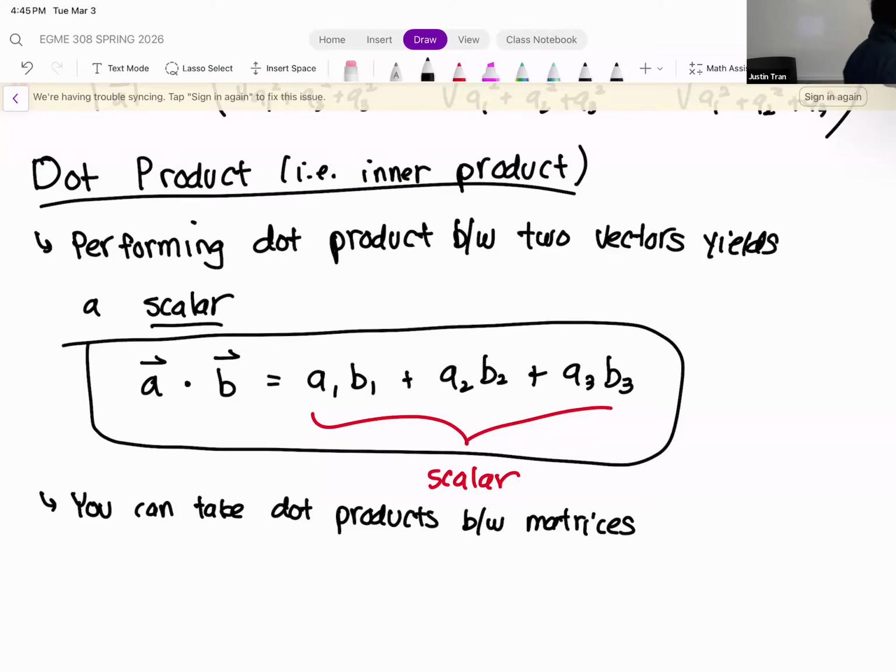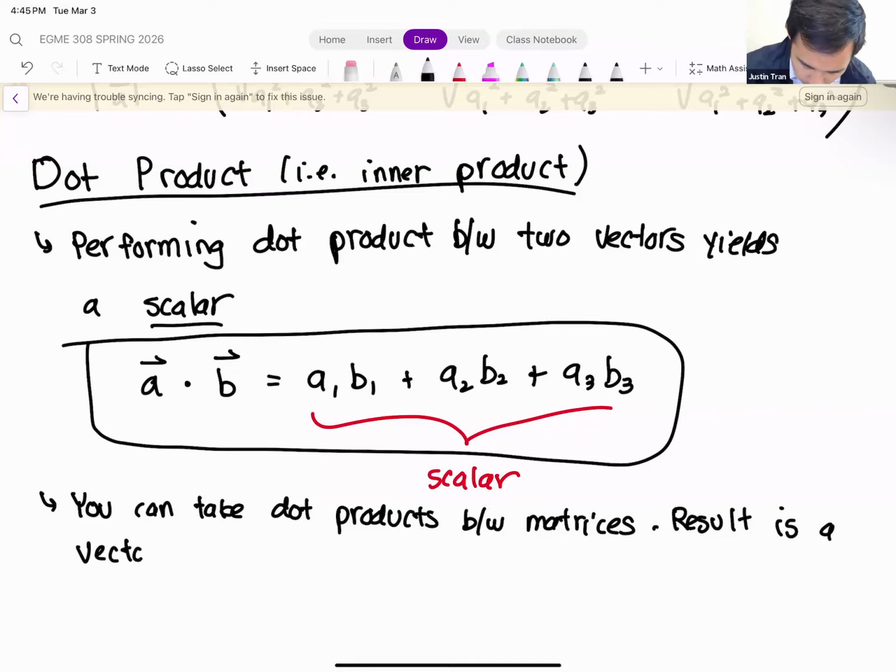You actually go down a dimension. If we think of a matrix as a two-dimensional vector, the result of a dot product between two matrices is a vector, which is one dimension down.